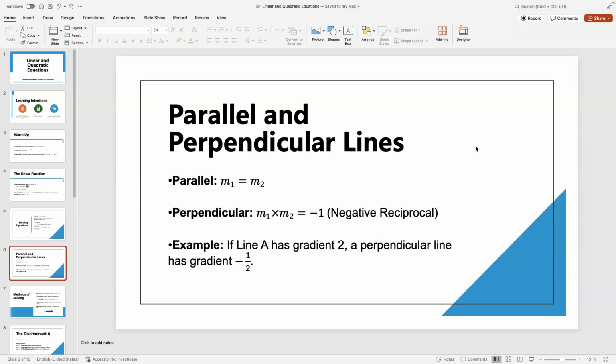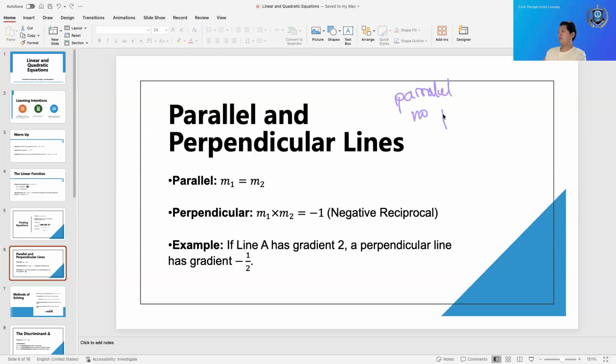Generally, if you have two linear lines, the only relationship between them is that they are either parallel or non-parallel, which then gives you the outcome of either being perpendicular or just normal.